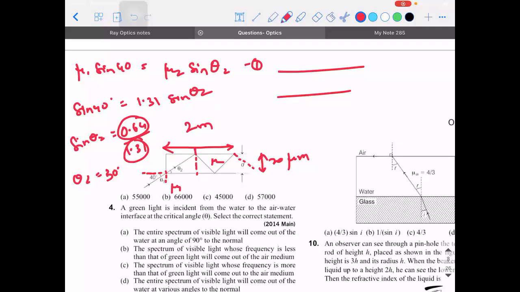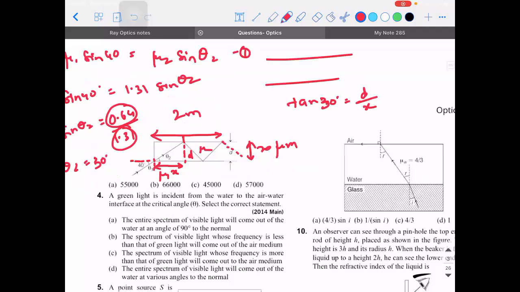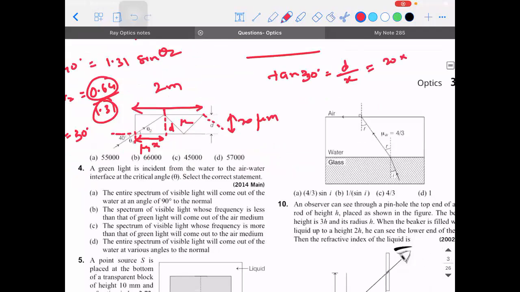If I take this angle as x, then this is the diameter. Then tan of 30 degrees is equal to d divided by x. D equals 20 micrometer. So x equals 20 times root 3 micrometer.